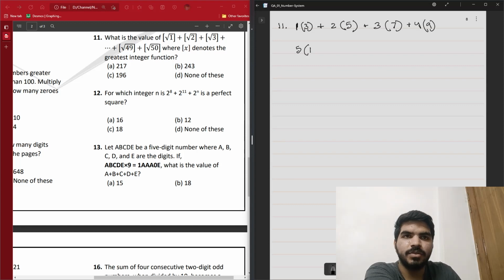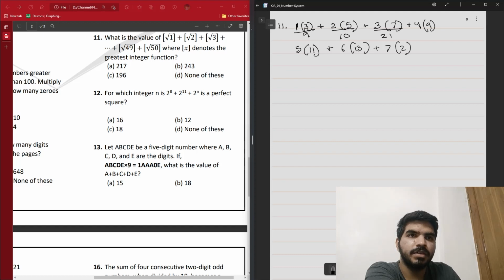Now 5 into 11 plus 6 into 13, 7 into 2, because 49 and 50 only will have the contribution. Simplify. This is 9, 10, 21, 36, 55, 78, 14.